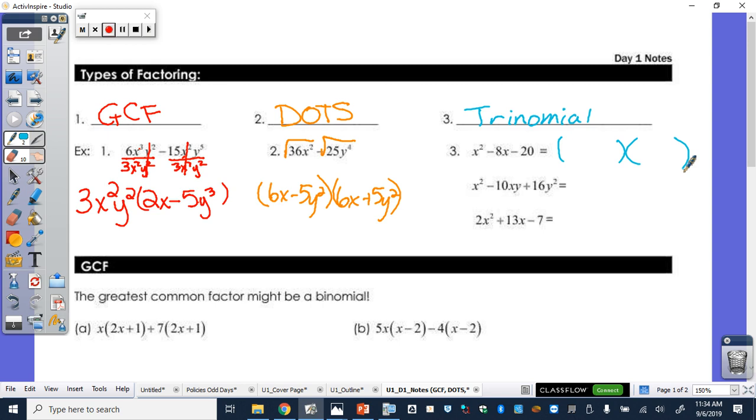So you're looking for what multiplies to the first term and the last term. And then it's got to add to give you your middle term. So it's multiply for the 2 outside ones, adds for that middle one. X squared always gets broken apart into x and x. X times x gives us x squared. So we've got to figure out what multiplies to give us negative 20, but would add to give us a negative 8.